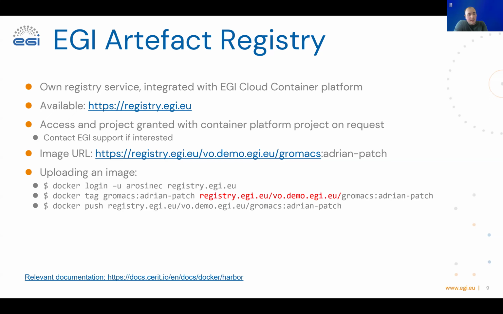And then if you have some local container, for example, I have the GROMACS container image, then you can retag the image with the prefix of the URL with your project you obtained, and then you can push this image into the artifact registry.